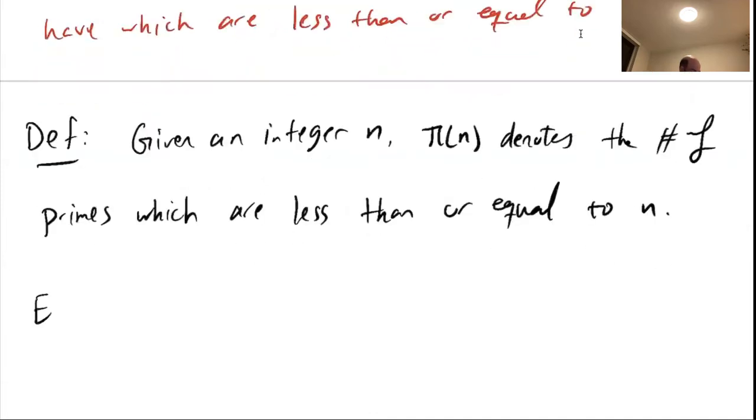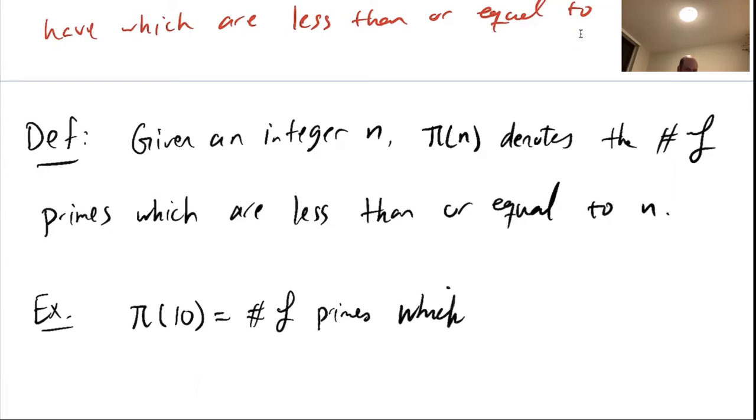So for example, let's say pi of 10 is equal to the number of primes which are less than or equal to 10. And how many primes do we have that are less than or equal to 10?